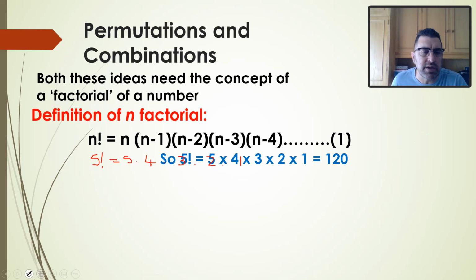Okay, so there we go. It's exactly what I wrote down there. So 5 factorial is 120. Now a few principles that we might use in our work going forward. One of them is that you can write n factorial as n times (n minus 1) factorial.